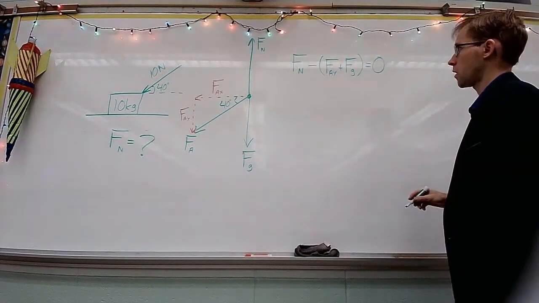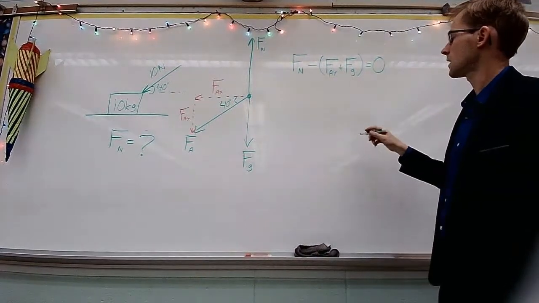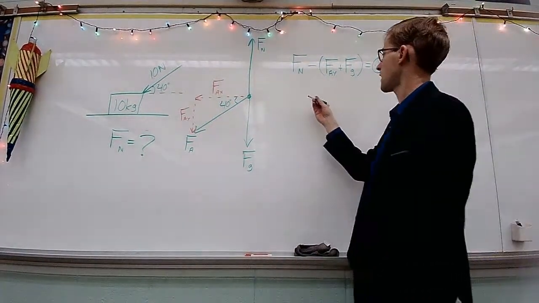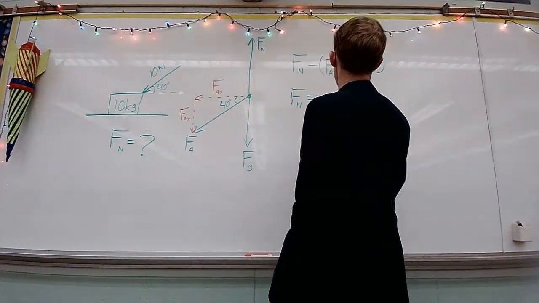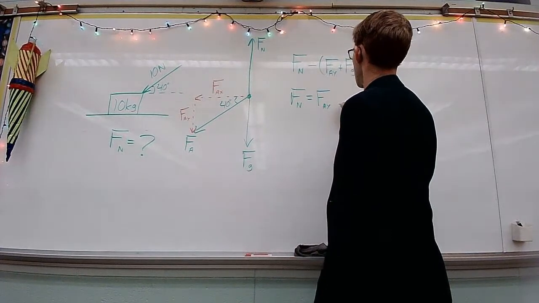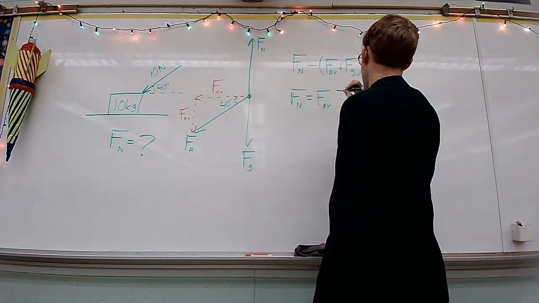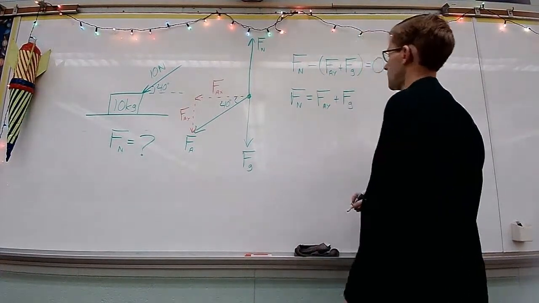So now we play the same game that we did in the last version of this problem. If I want to solve for normal force, I isolate it in my equation. And that's what you get.